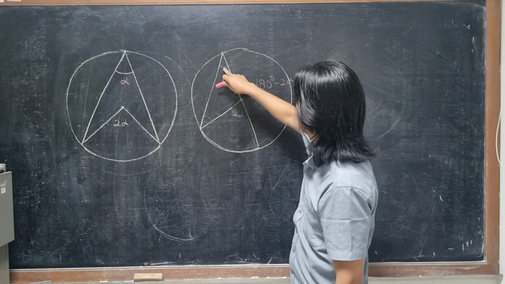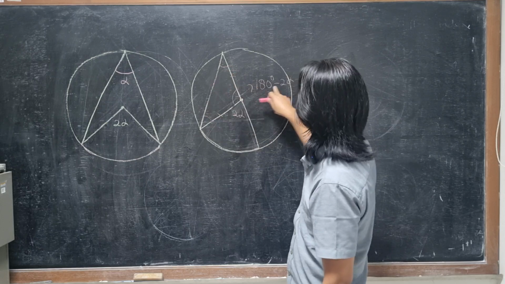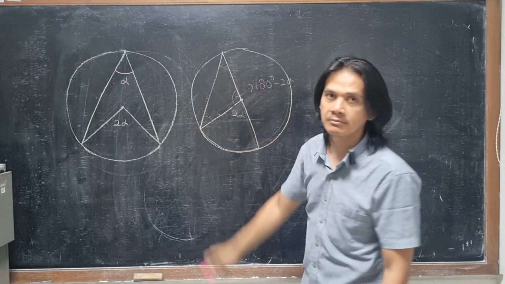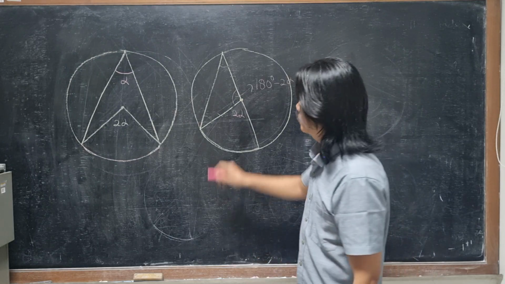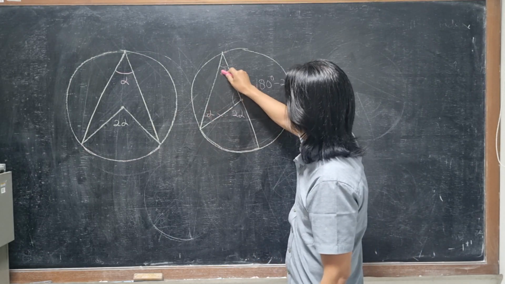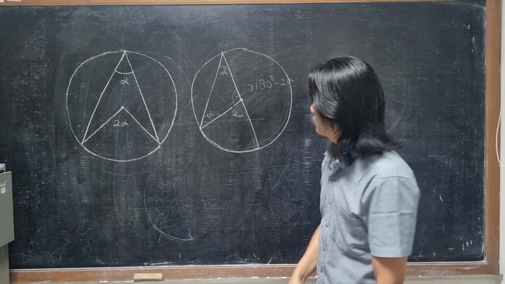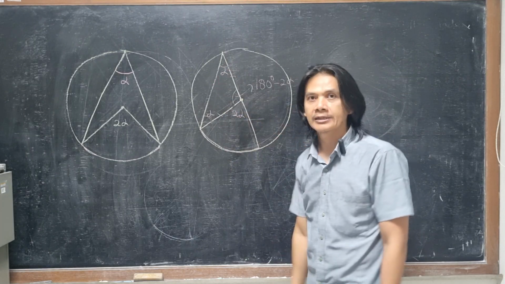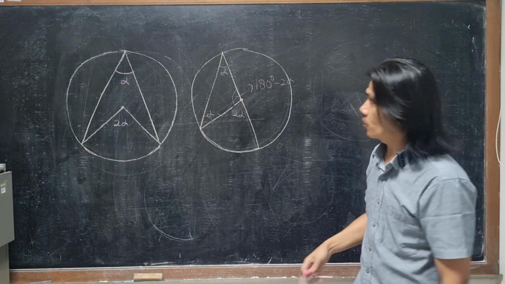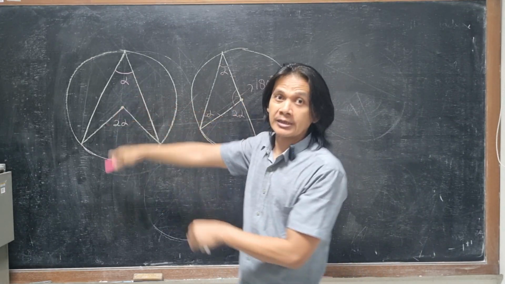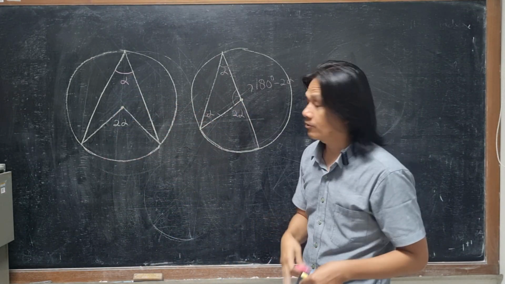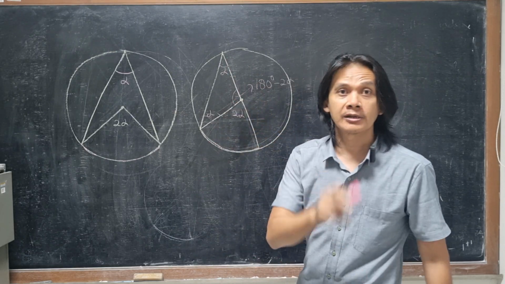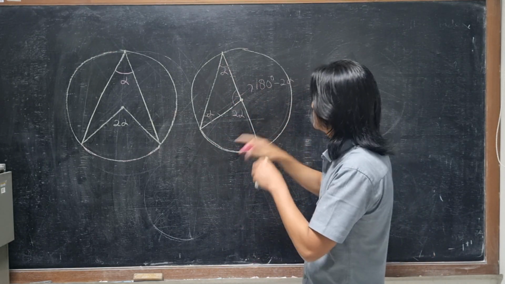So these two angles add up to twice alpha, but since both of them are equal, they must be alpha. In particular, that inscribed angle is half of that central angle. So we just proved the inscribed angle theorem in the case where the center of the circle is on the triangle.